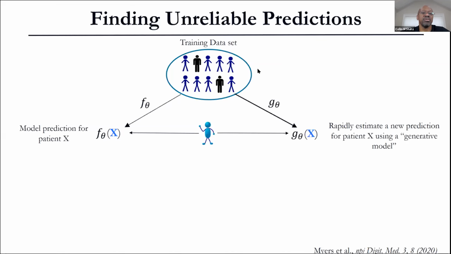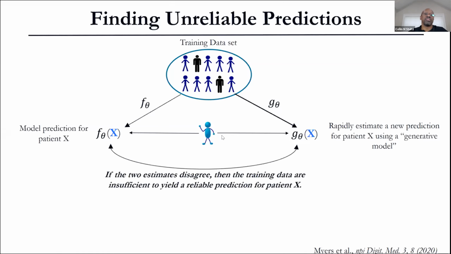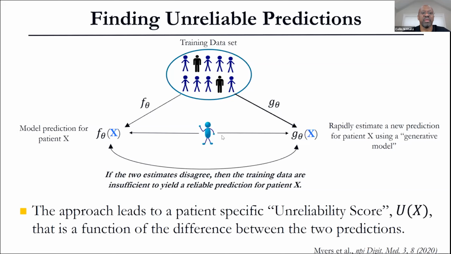So a very simple way of doing this, you train a separate model to accomplish the same predictive task using the same data set. So two different approaches to get at the same predictive task. You apply these two methods to the patient, and when they disagree, we say that the prediction is unreliable for that patient, and we say that for such patients that have big differences in these two predictions, the model is likely to perform poorly because the data set is not sufficient to get a robust estimate for that particular patient.